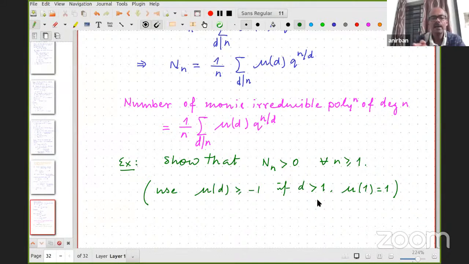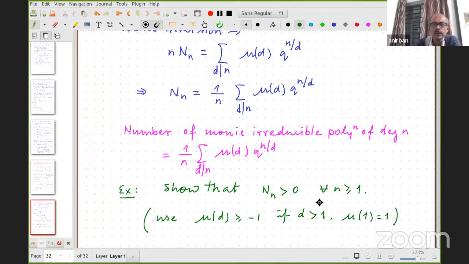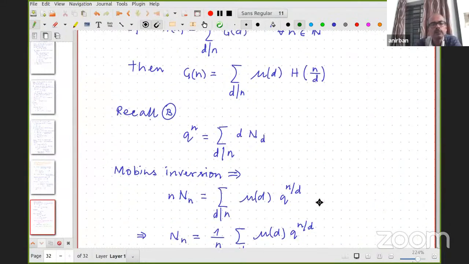So given a natural number n, and of course the field F_q, you always have a monic irreducible polynomial of degree n. So this is what it proves.